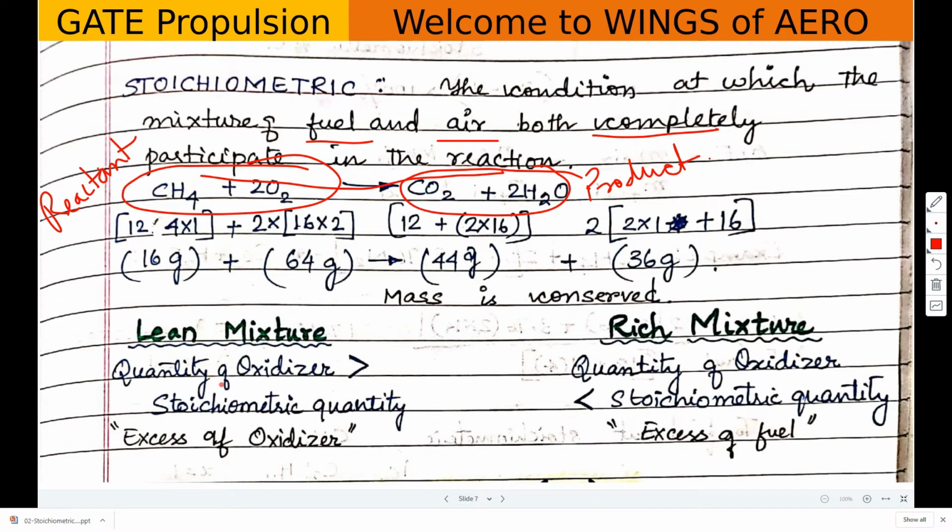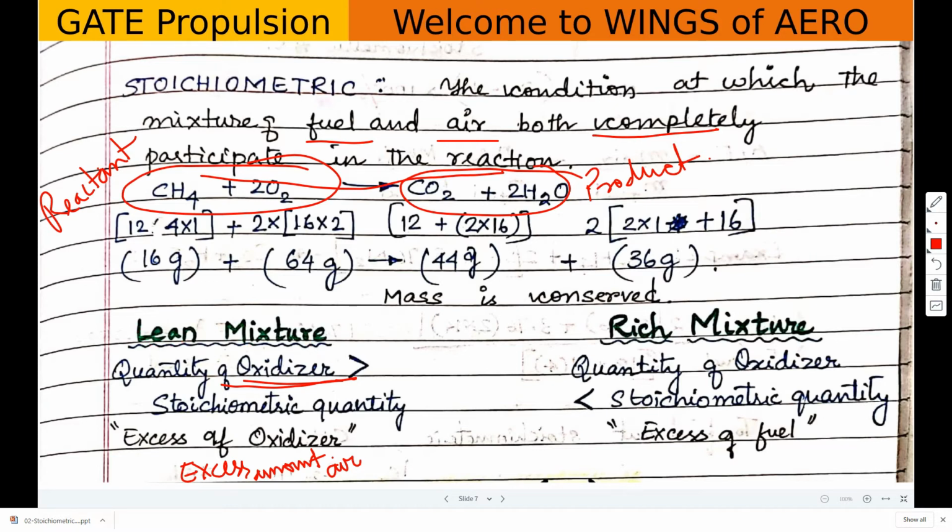Oxidizer means an excess amount of oxygen, or excess amount of air. When there is an excess amount of air as compared with the ideal solution, that mixture is called a lean mixture.